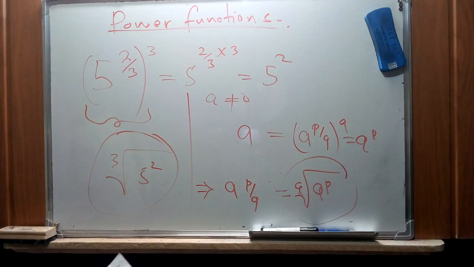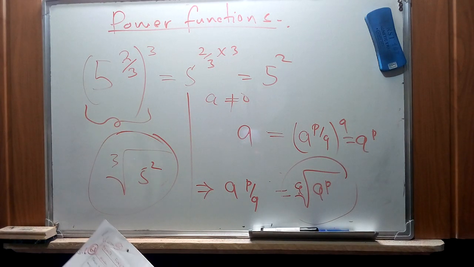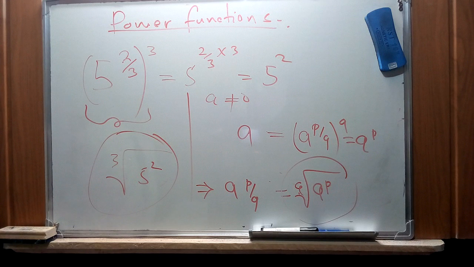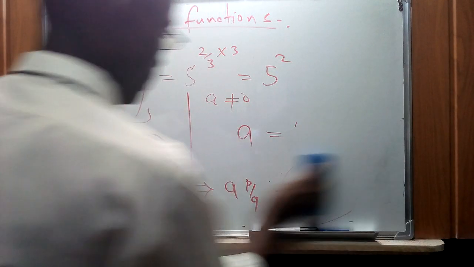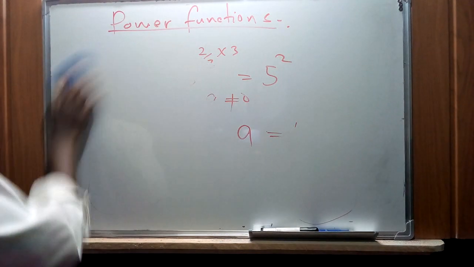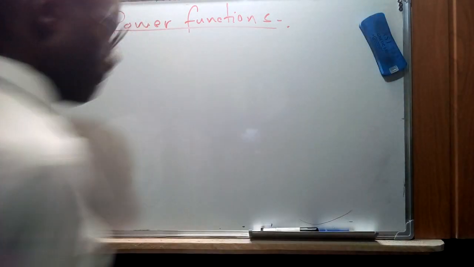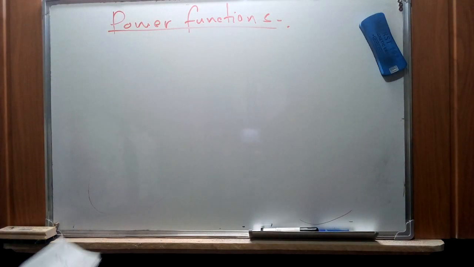Therefore, this particular expression can be extended to powers that are negative, provided that, as we have said from the previous discussion, a is not equal to 0. So then, given an expression which has got a negative exponent, we can express it using this general formula by using this specific procedure.